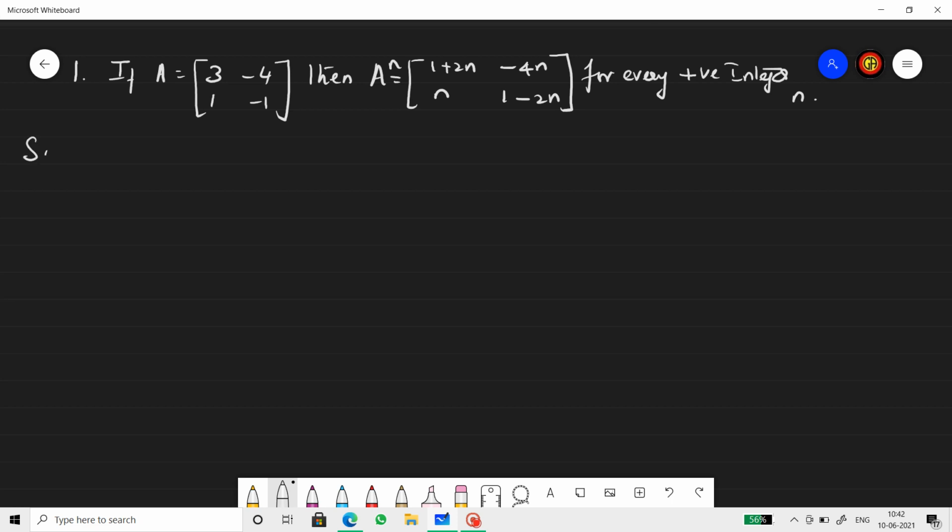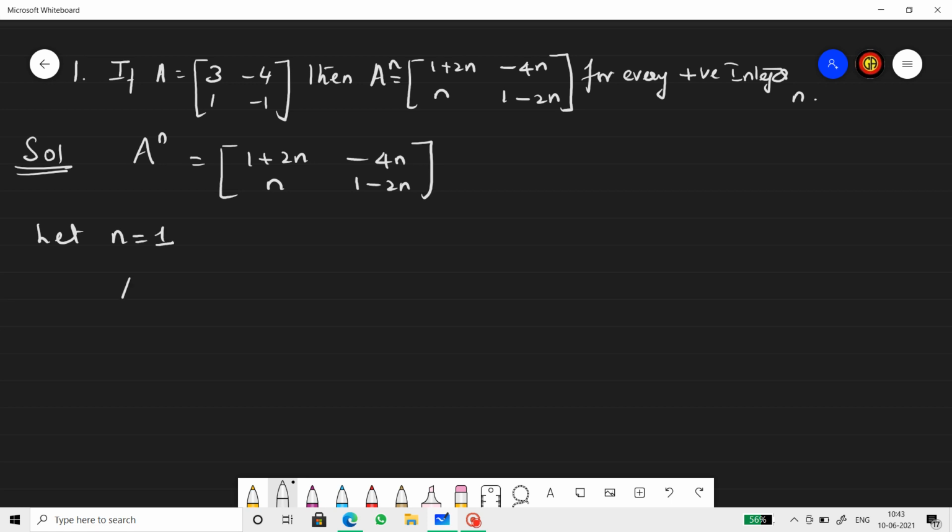Now, solution. A power n equals 1 plus 2n, minus 4n, n and 1 minus 2n. Correct? So what is the first step? Let n equal to 1. So let n equal to 1 will take us to where? A to the power of 1 equals 1 plus 2 into 1, minus 4 into 1, 1 and 1 minus 2 into 1.